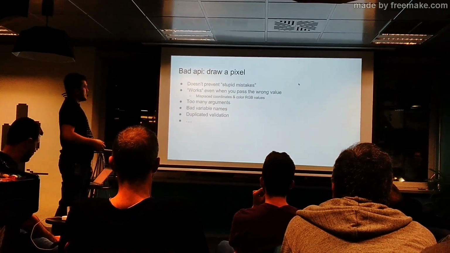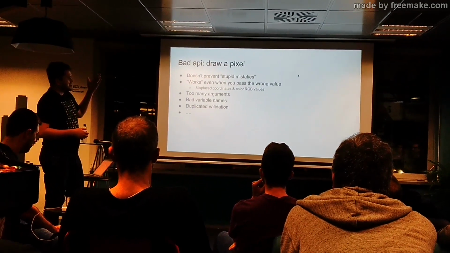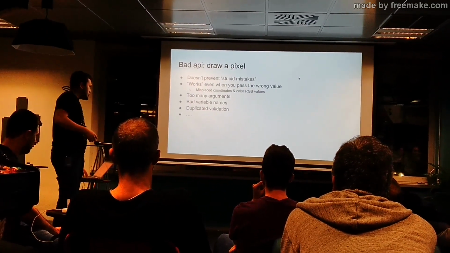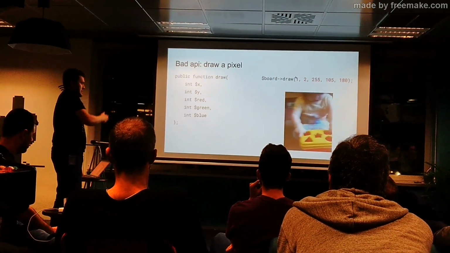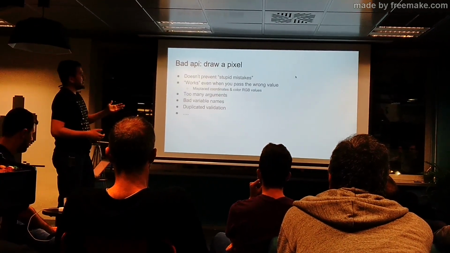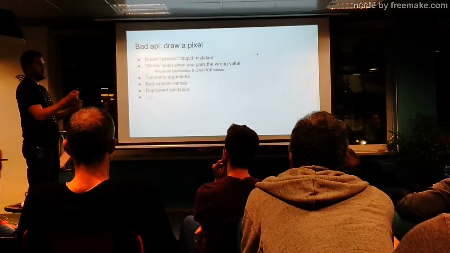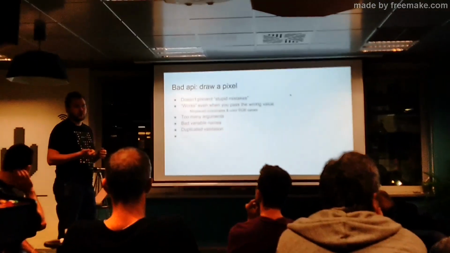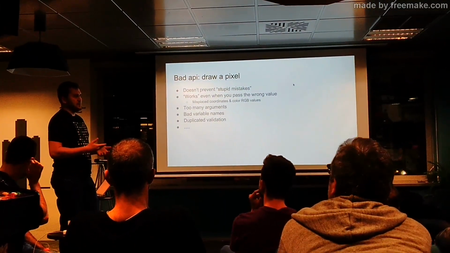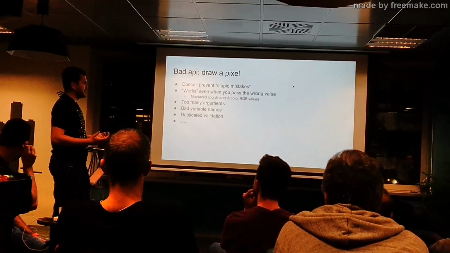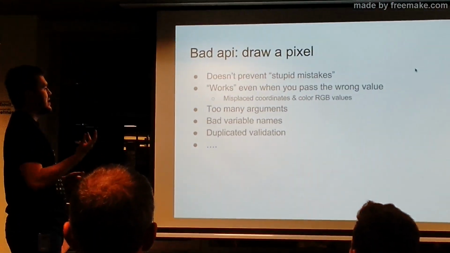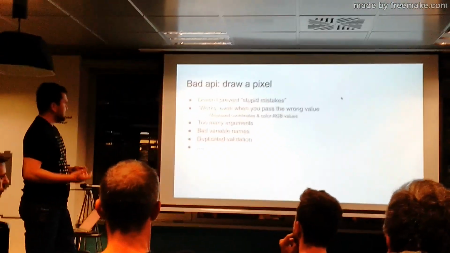So this API with just ints doesn't prevent stupid mistakes, like you switch variables because you don't know the order. The IDE will help you with some of it, but not with everything, and you can still make this mistake even with a good IDE.